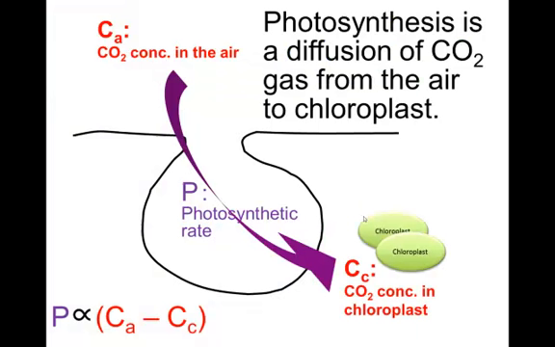Because the CO2 travels into the chloroplast passively rather than actively, we can consider this as diffusion. But because this is diffusion, the CO2 concentration difference between the air and the chloroplast is the driving force of this diffusion.